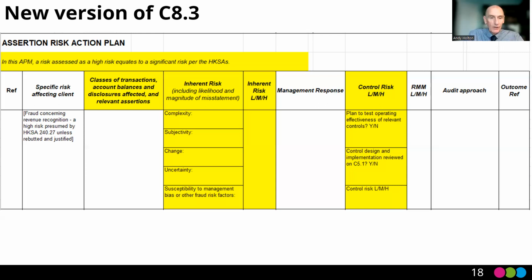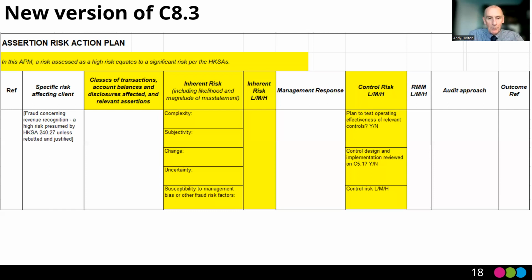So perhaps if we're looking at revenue recognition, we're looking at the complexity of the revenue streams, the nature of the contracts, etc. Any subjectivity involved in determining values or dates or apportionment, any changes that have been made in the period, any uncertainties in relation to the revenue recognition, susceptibility to management bias or other fraud risk factors.